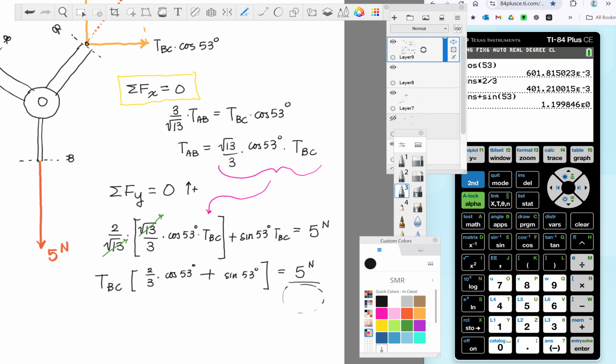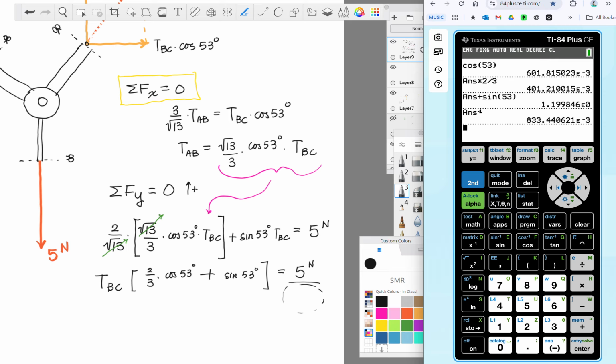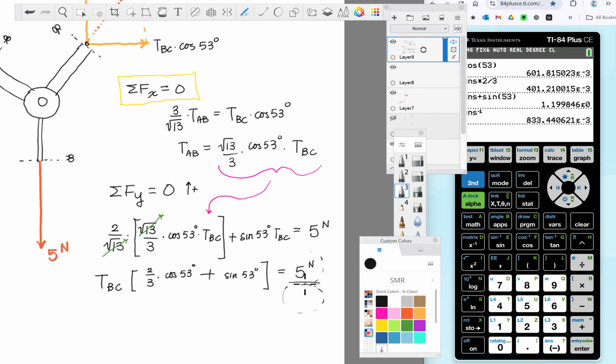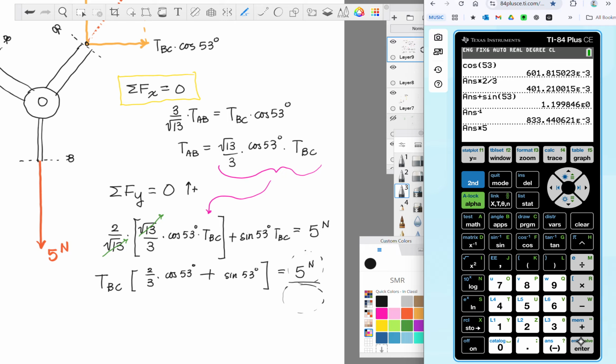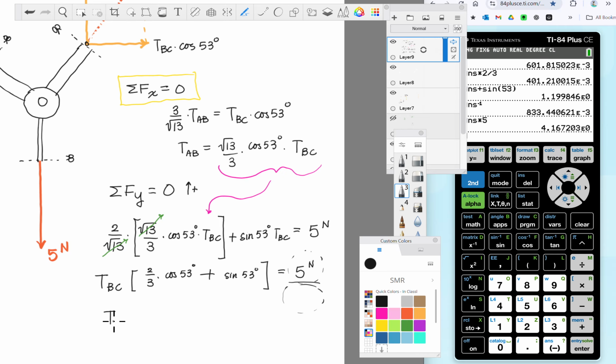So to do that, I should just do x minus 1 in my calculator, and then I multiply out by 5. And I get TBC is equal to 4.17. Well, I'll do it the long way. 4.167 newtons.